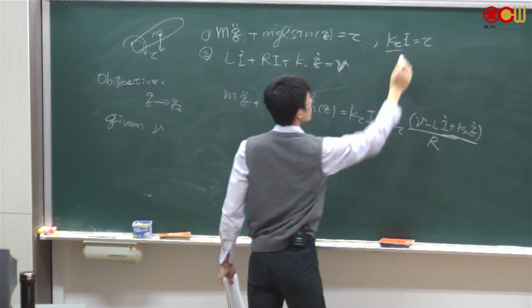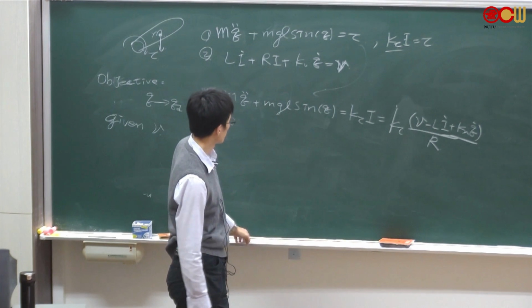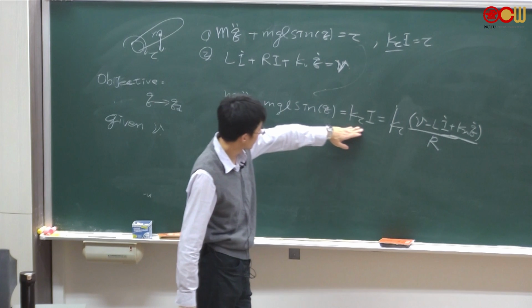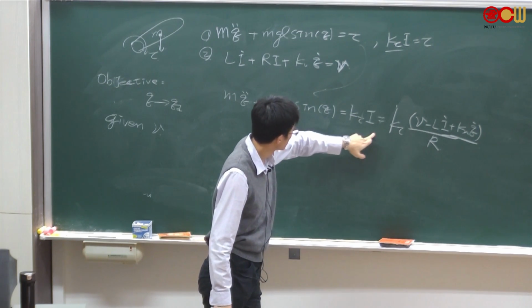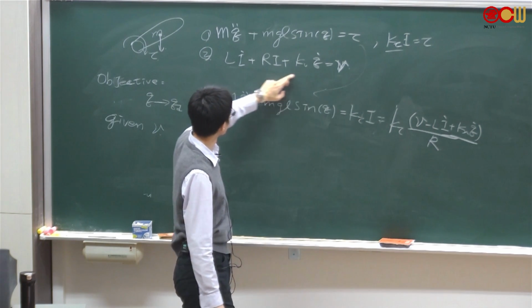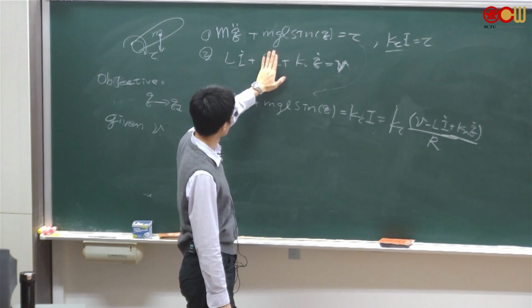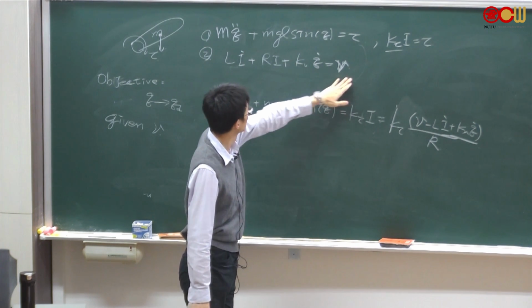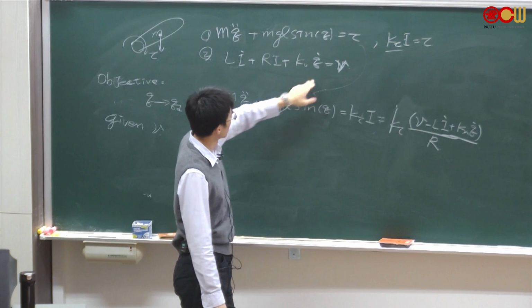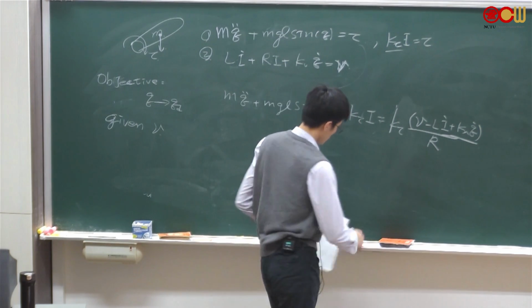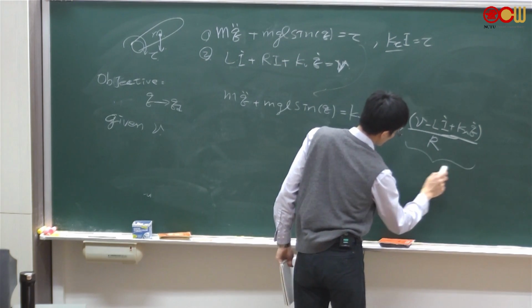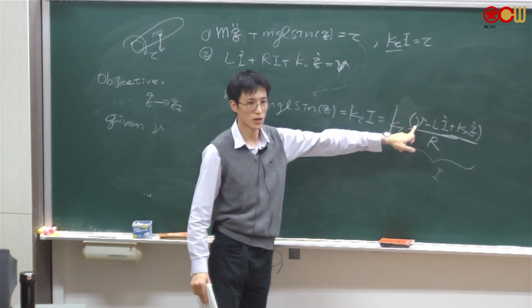Here is the coefficient: current is proportional to the torque. So we use this relation and substitute the current using this equation. We keep I on the left-hand side, move the 2 to the right, and divide by R. So this is the current. You control the V here.